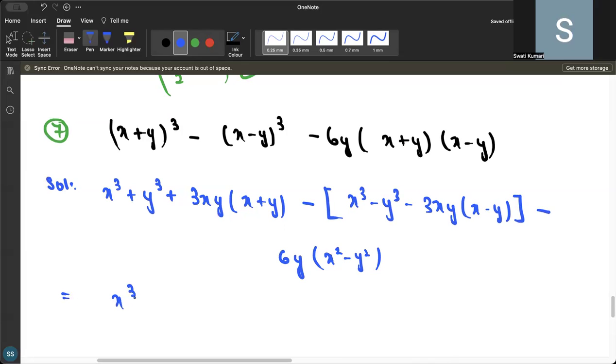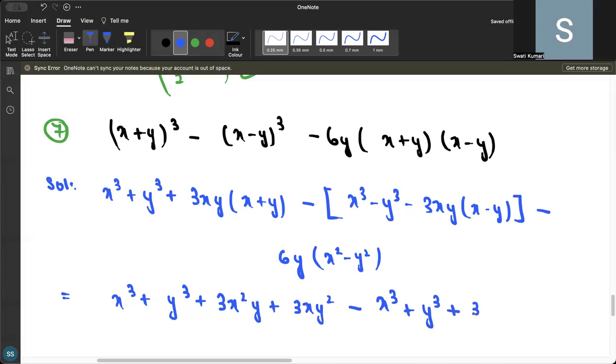So this will become x cube plus y cube plus 3x square y plus 3xy square. This, if you remove the bracket, it will become x cube plus y cube plus, I mean, this is minus 3x square y, but this will become plus if you remove the bracket.